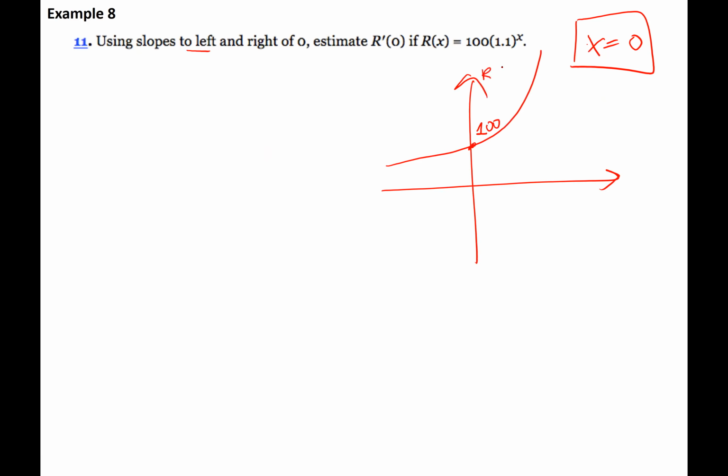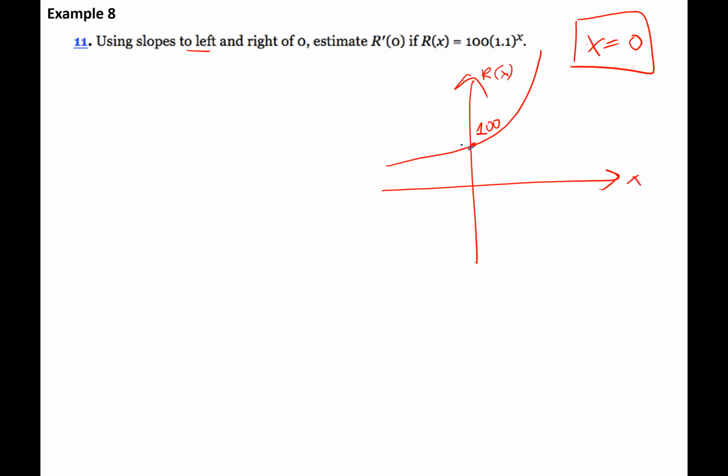This will be the function, and that's the x value. Because if I substitute 0 instead of x, 1.1 to the power of 0 is 1, times 100 is 100. And we're looking for the slope.